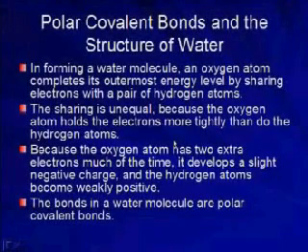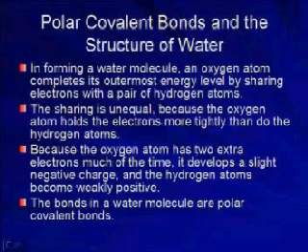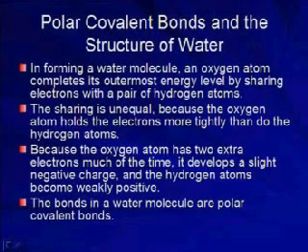Polar covalent bonds and the structure of water. In forming a water molecule, an oxygen atom completes its outermost energy level by sharing electrons with a pair of hydrogen atoms. You saw this in the previous illustration. The sharing of the electrons from the hydrogen atoms in the outermost shell of the oxygen atom is basically unequal because the oxygen atom holds the electrons more tightly than do the hydrogen atoms.